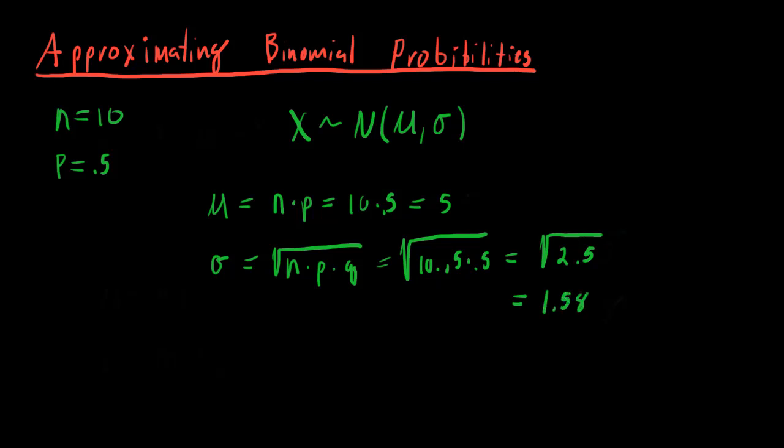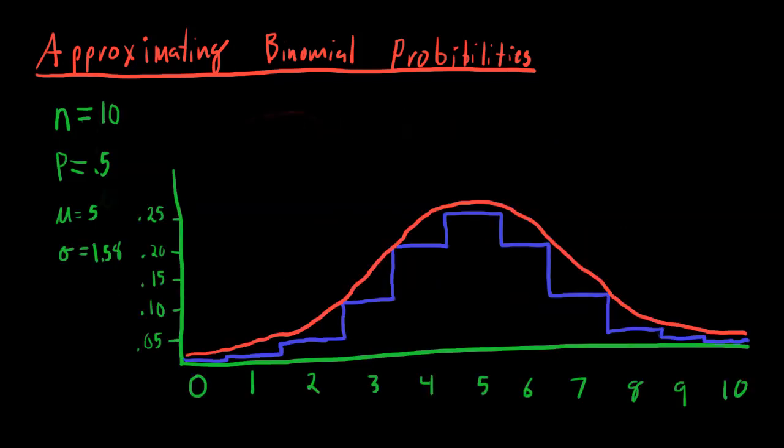So we just need to use these values. So x is distributed normally with a mean of 5 and a standard deviation of 1.58. And we can use that to help estimate our binomial probability distribution. If we're going to use our normal probability distribution to estimate our binomial distribution, we'll say we're trying to find the probability that x is greater than, we'll go with 7. Now, how would we do that with our estimation technique?